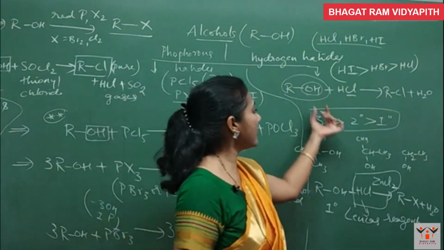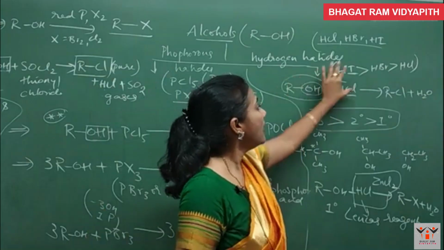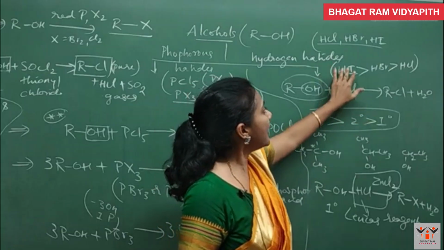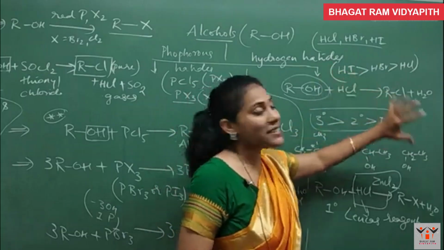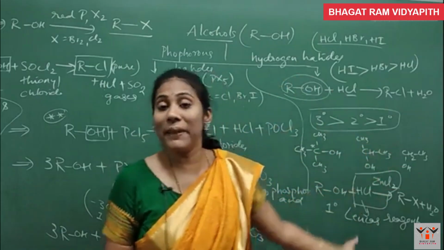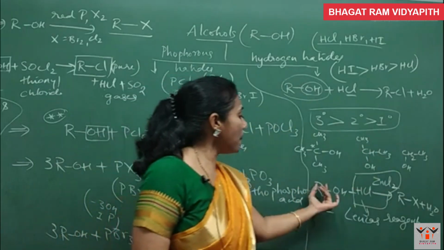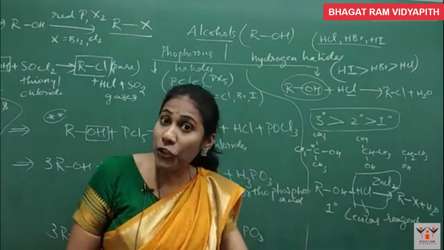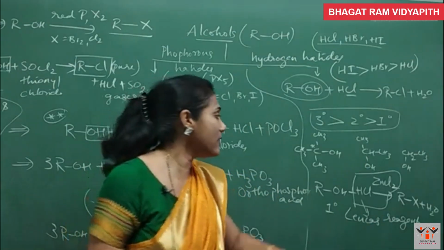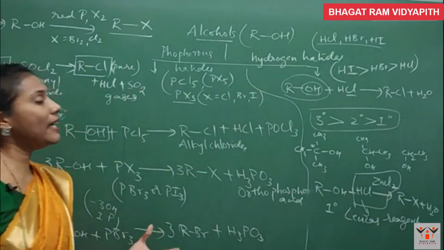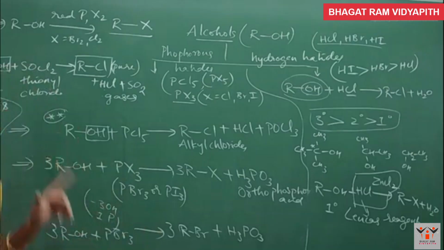So this is the reactivity order in case of alcohol, and this is the reactivity order in case of hydrogen halide. If you take HI, the reaction happens in a better way. If you take tertiary alcohol, the reaction happens in a better way. If it is a primary alcohol, the reaction does not happen in a better way, so you need the help of a catalyst, that is ZnCl2. So this is how you can prepare alkyl halides from alcohols.